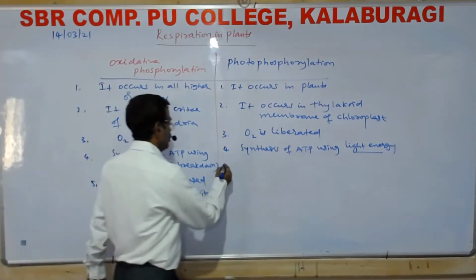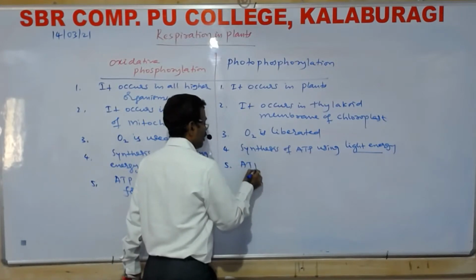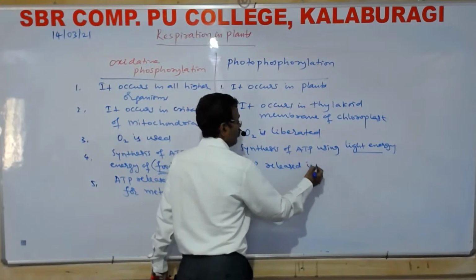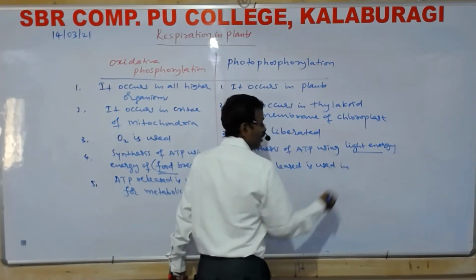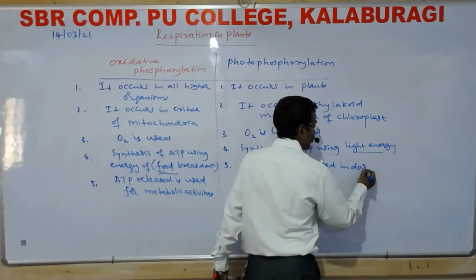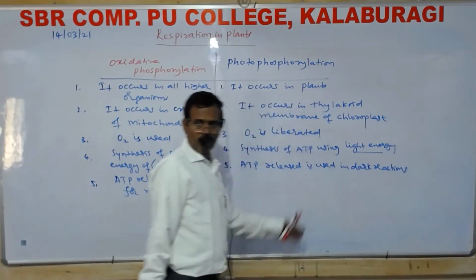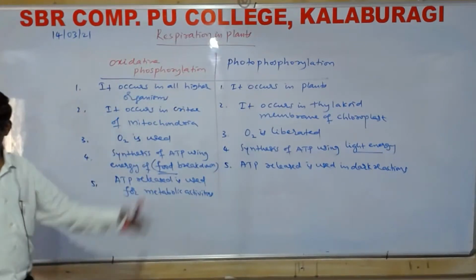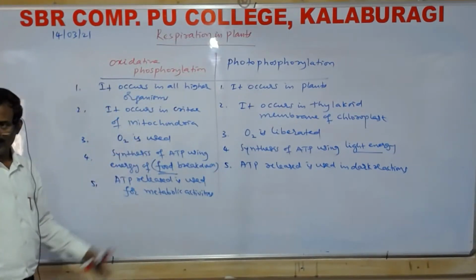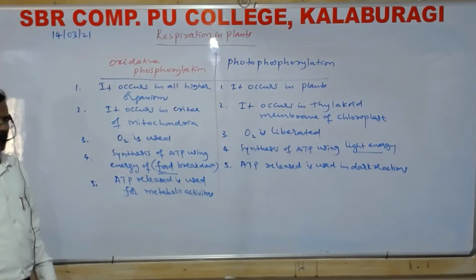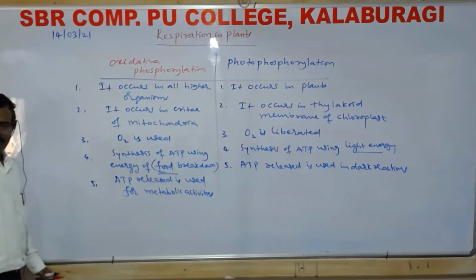Here, the ATP released is used in the dark reactions: fixation of carbon dioxide, Calvin cycle, sugar synthesis. Their ATP can be used. Is it or not? Then any other difference? Anybody?